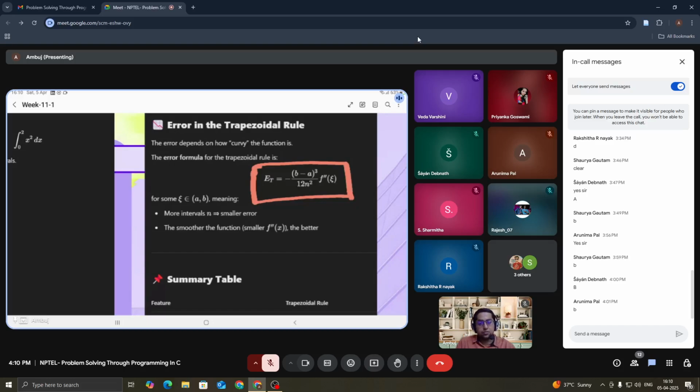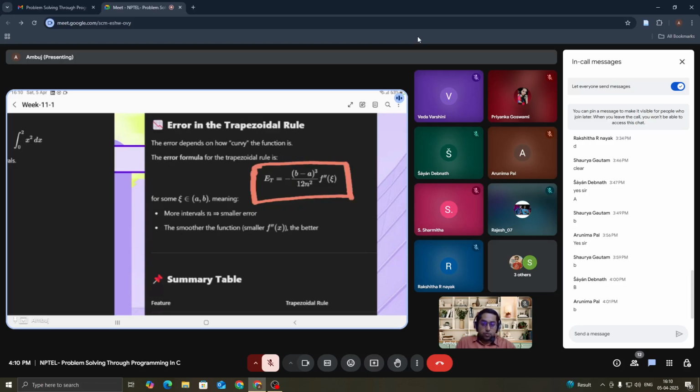a and b you can directly find using the expression. For example, if it is the definite integral from 0 to 2 of x squared dx, as in the previous example, you directly know that a is 0 and b is 2. And f dash x you can calculate, which will be 2x, and f double dash x will be nothing but 2.